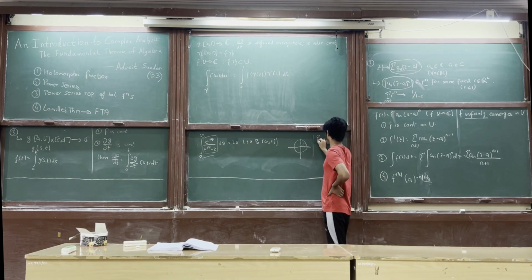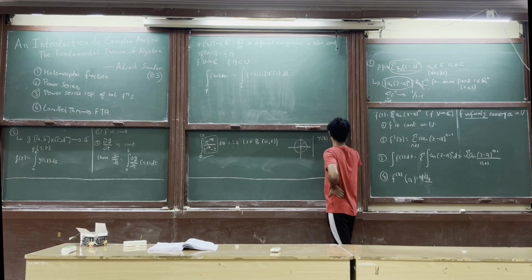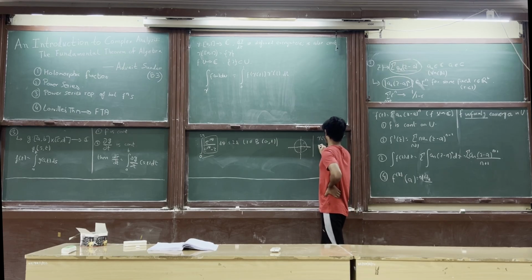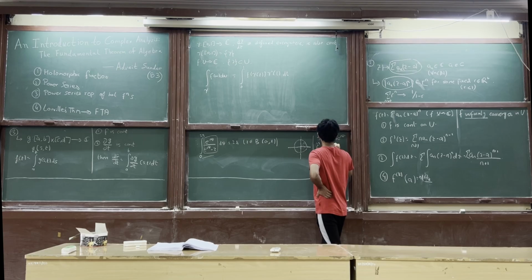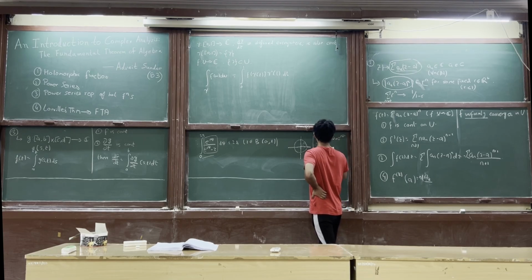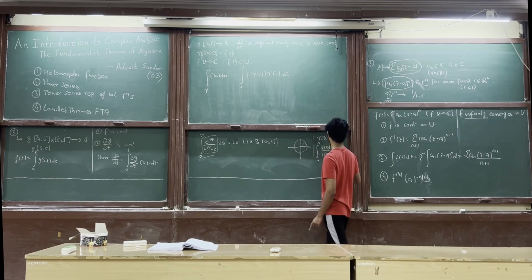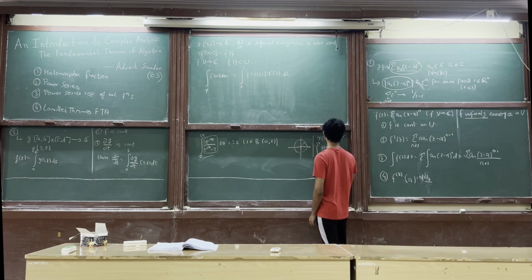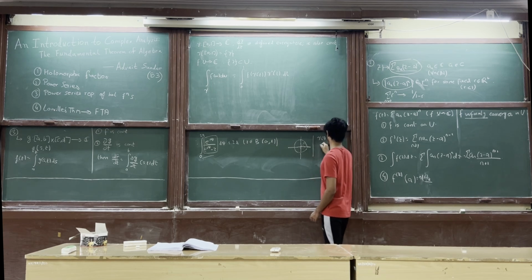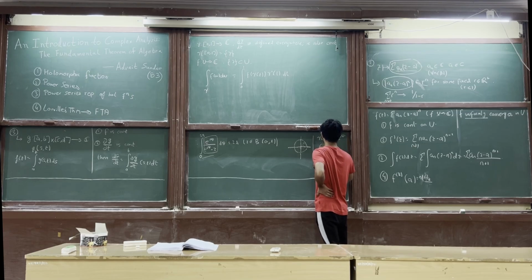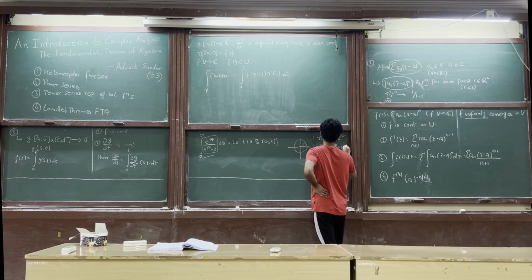Rather, we can say that for any ball, or rather if we take gamma of theta to be w plus e power i theta, we can say that basically the integral of gamma prime over gamma minus w d theta will always be 2 pi, right?